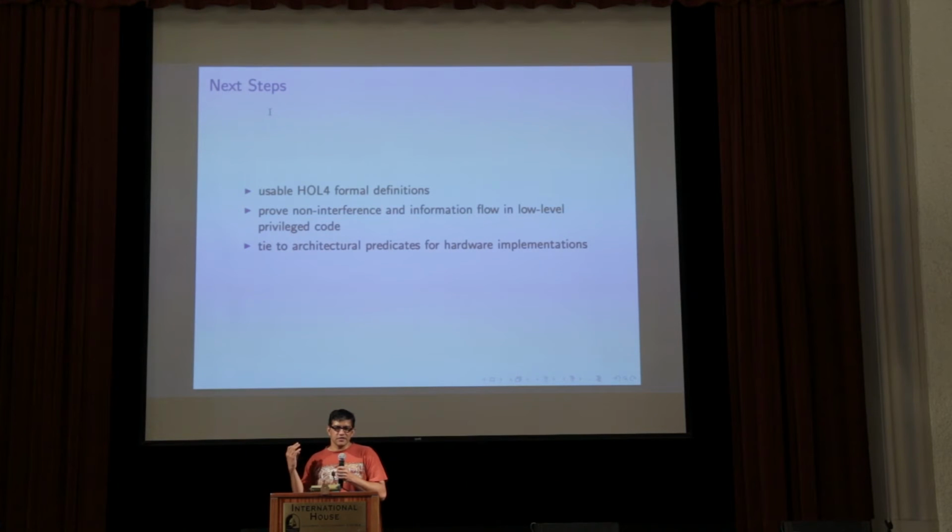Things like the user level processes do not modify privileged state, and there's no leakage of privileged state to user level processes. And then use these formal definitions to generate architectural predicates for hardware processors.